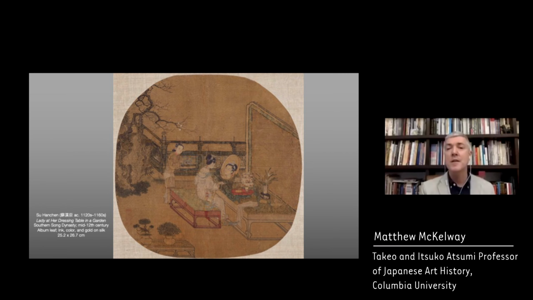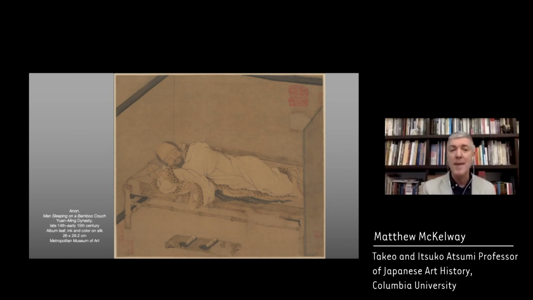And this is a work that I first became aware of, like the next one we can look at, Man Sleeping on a Bamboo Couch from the Yuan to Ming Dynasty. The date's not entirely clear. This work in the Metropolitan Museum also features a screen painting. I became aware of these in the work of Wu Hong, the professor of Chinese art history at the University of Chicago, who wrote a wonderful book called The Double Screen, a book about medium and material in Chinese art.